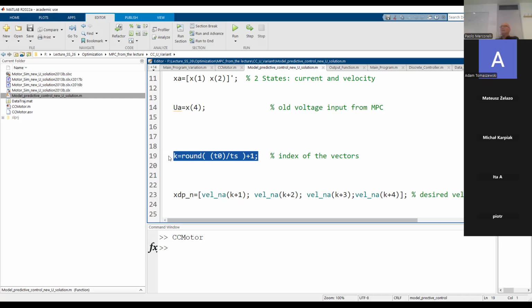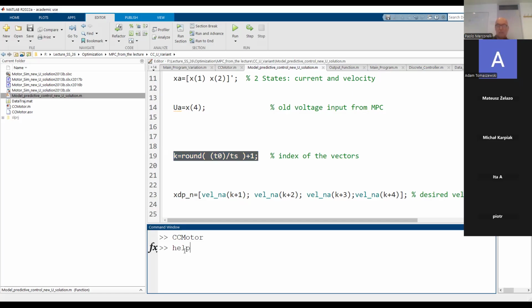This means I don't consider the decimal. If you want, you can look at the help for round. I don't remember exactly, but I think it didn't consider the decimal.